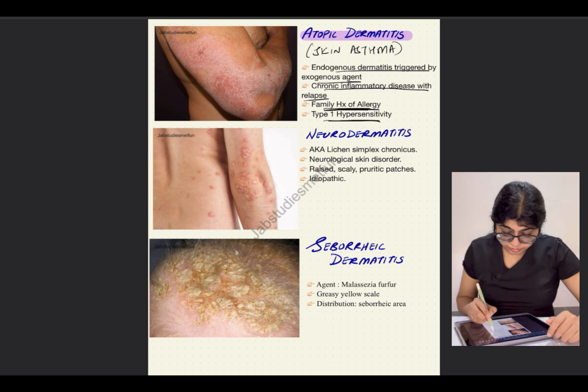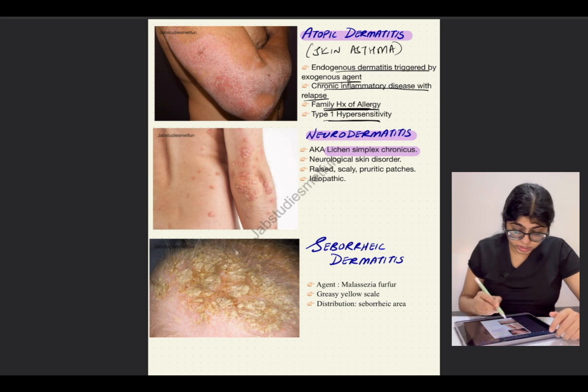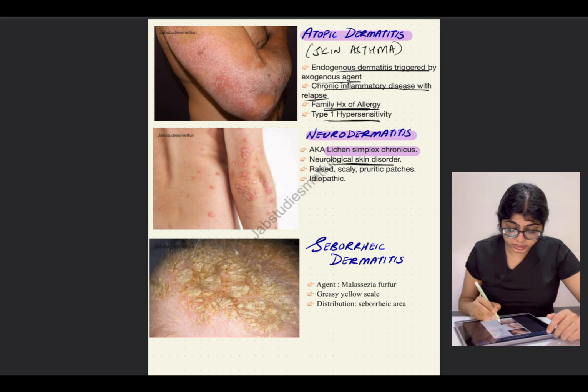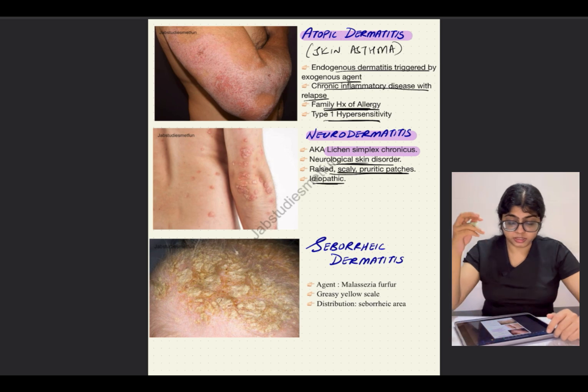Neurodermatitis is also known as lichen simplex chronicus. It is a neurological skin disorder. It mostly happens due to unknown reasons. Basically, it is idiopathic. You can see raised scaly pruritic patches in the skin.